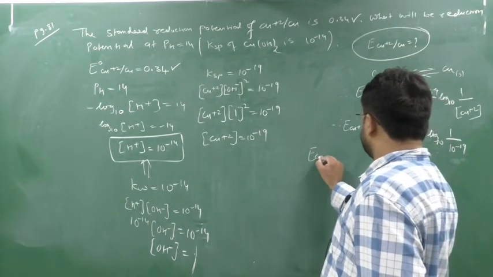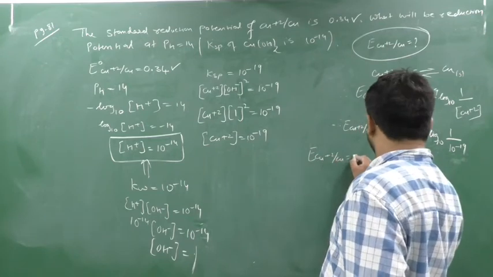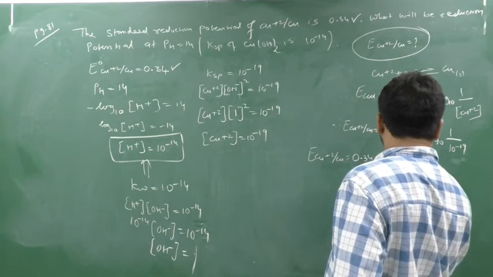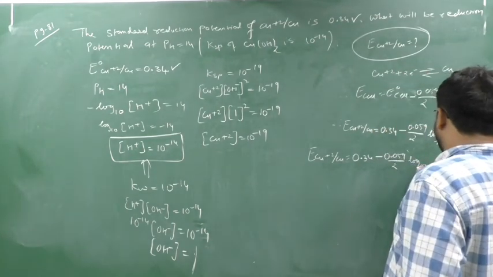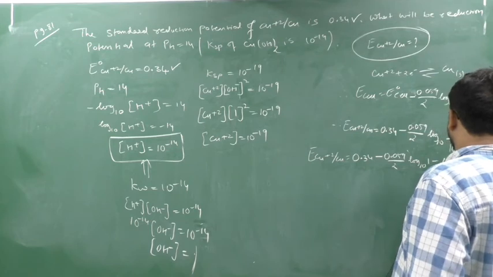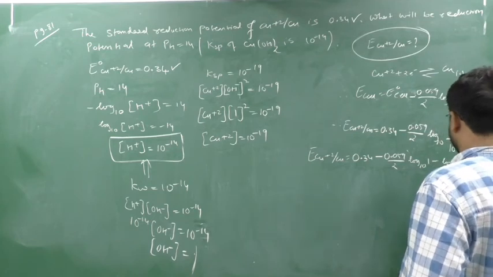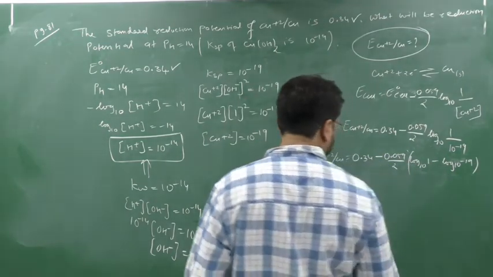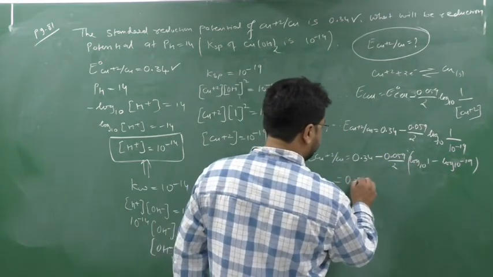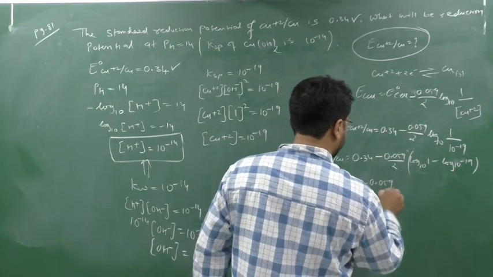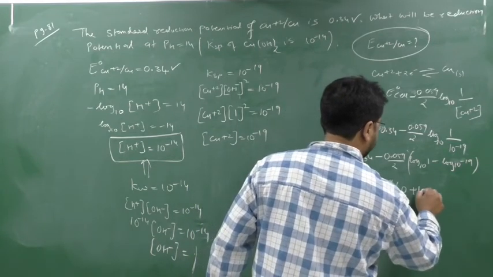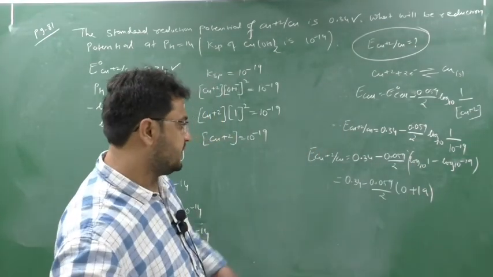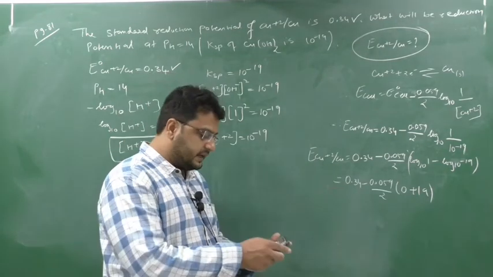So E Cu plus 2 slash Cu equals 0.34 minus 0.059 by 2 log to the base 10. Log A by B means log 1 minus log 10 to the power minus 19. So 0.34 minus 0.059 by 2, 0 plus 19, because minus minus is plus 19, no? Mathematical calculation now you can do. So 0 plus 19, it will be 19.